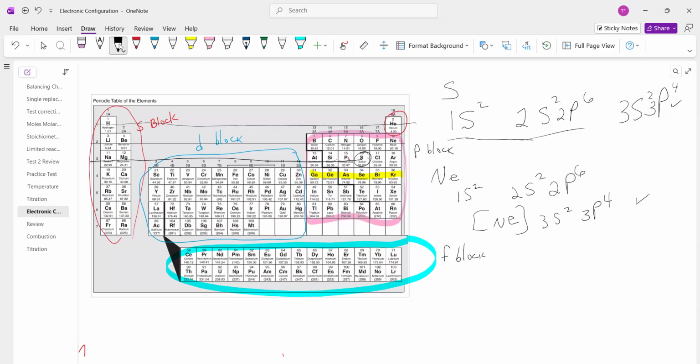Okay, so let's do one more. Only this time we're going to use the abbreviated one. So this is the abbreviated.